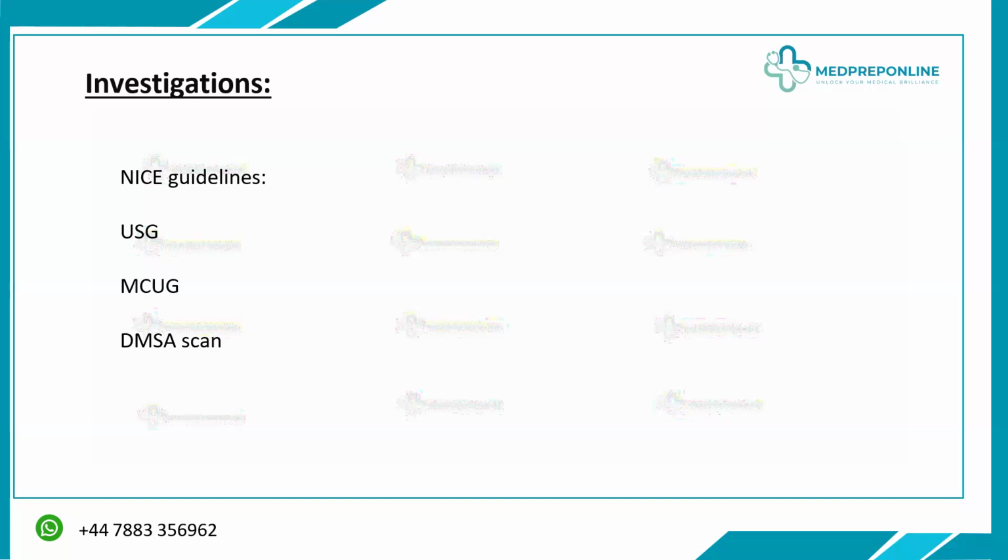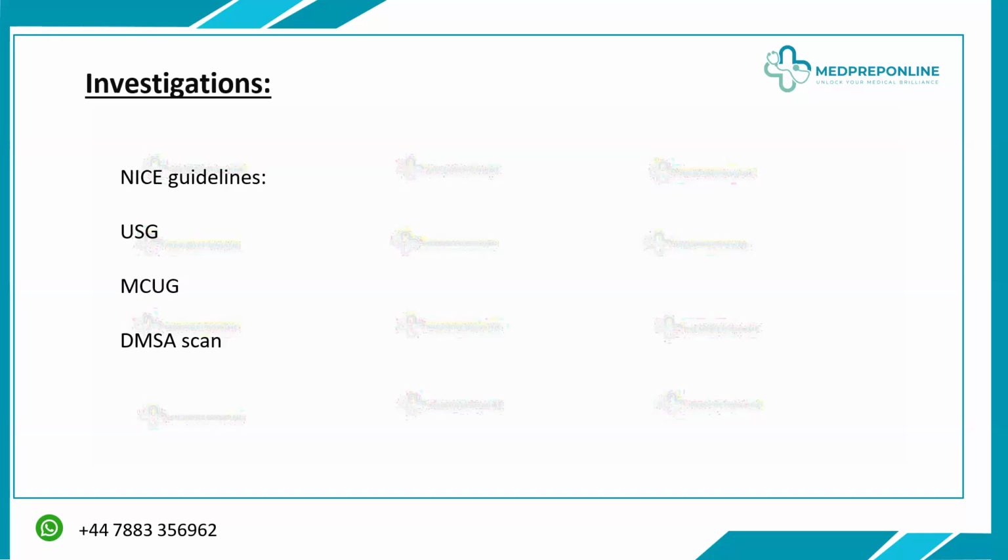But in case of an atypical UTI, emergent ultrasound is needed, and urgent ultrasound is requested while we are treating the child, and try to get it while the child is admitted in the hospital. And in case of recurrent UTI, if the age is less than 6 months, then try to get it early. But if child is having age more than 6 months, you have to do it after the 6 weeks. So that is about the ultrasound.